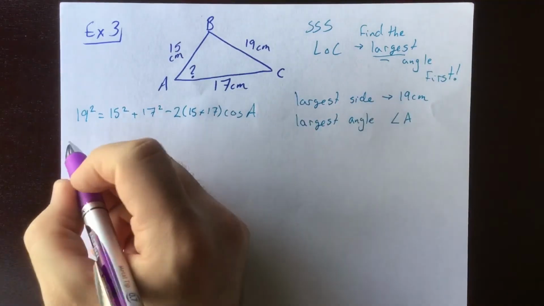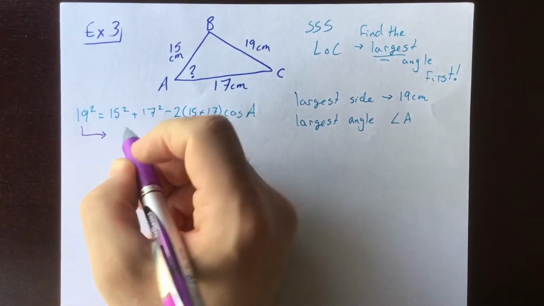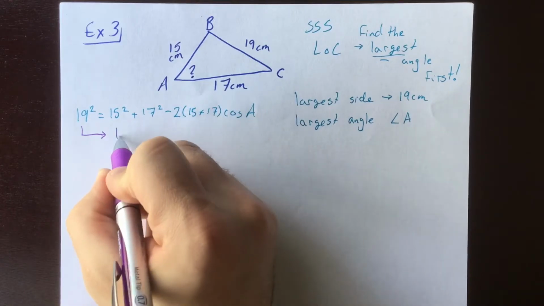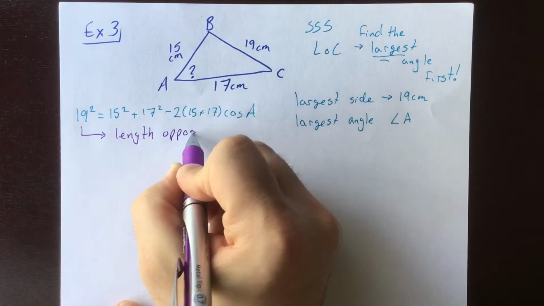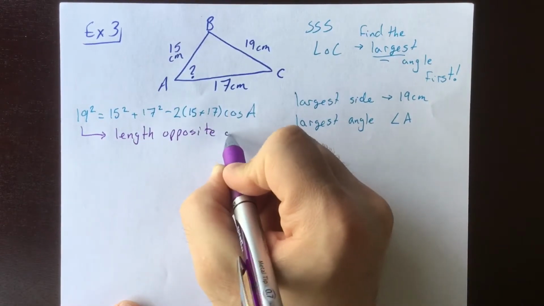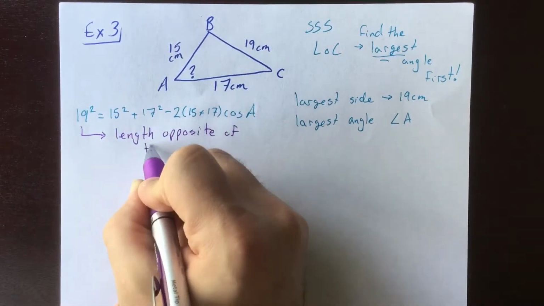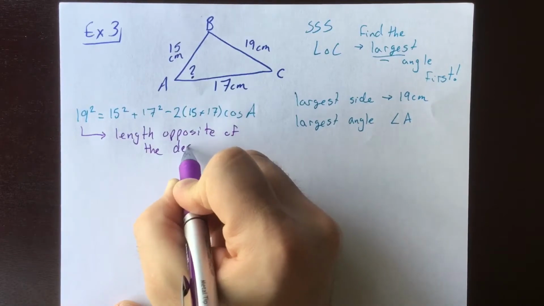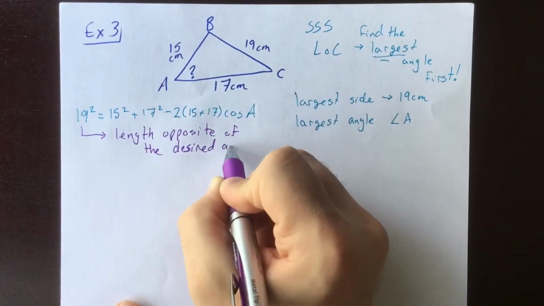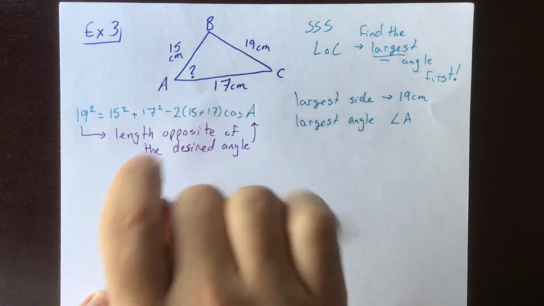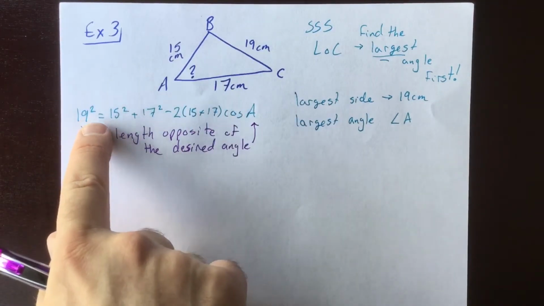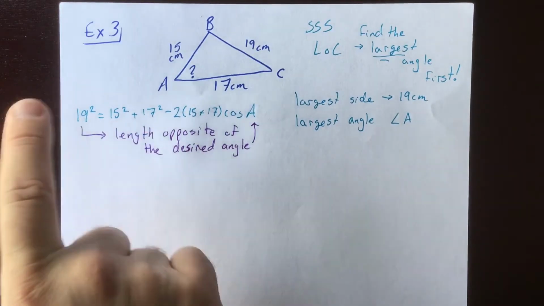But before I do that, I just want to make this note that the length opposite of the desired angle is what must be placed alone.